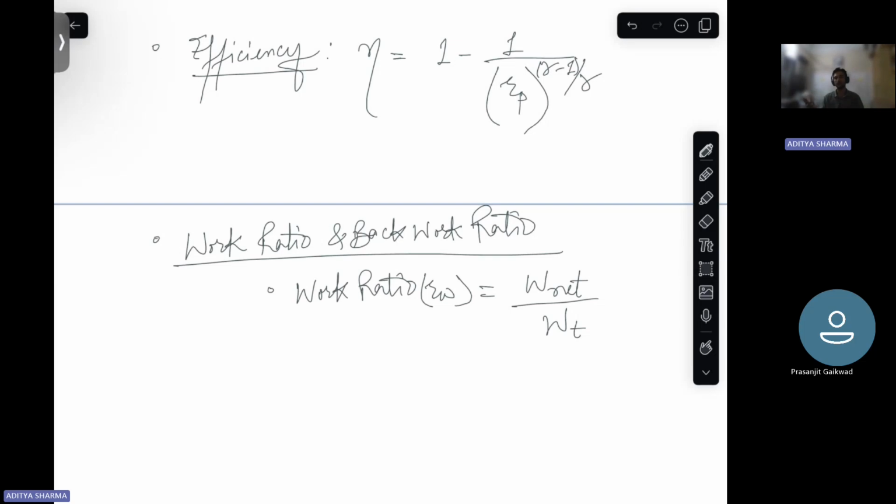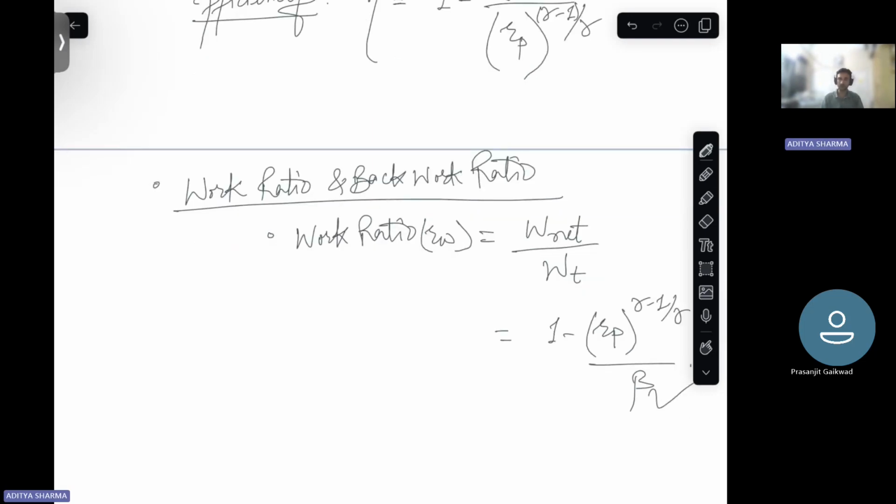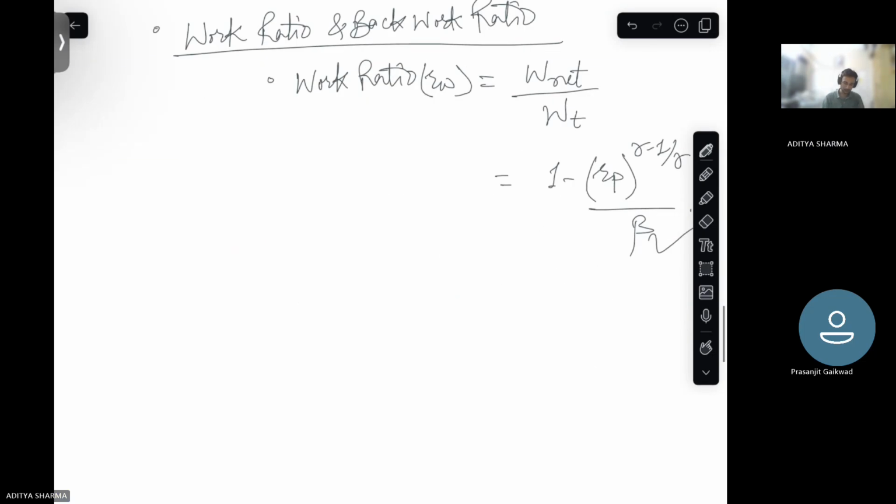From the turbine we have work, to the compressor we give work, right? The difference of these two is the net work that we get from the whole cycle. So WT minus WC is your net work. Its ratio with respect to your turbine work is your work ratio, right? And this can be given like this. Your beta is your T3 by T1. So I have told you now.